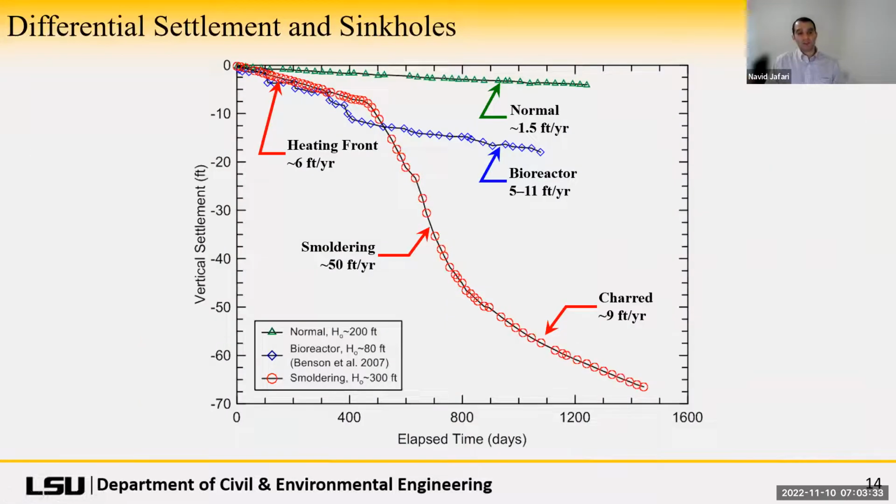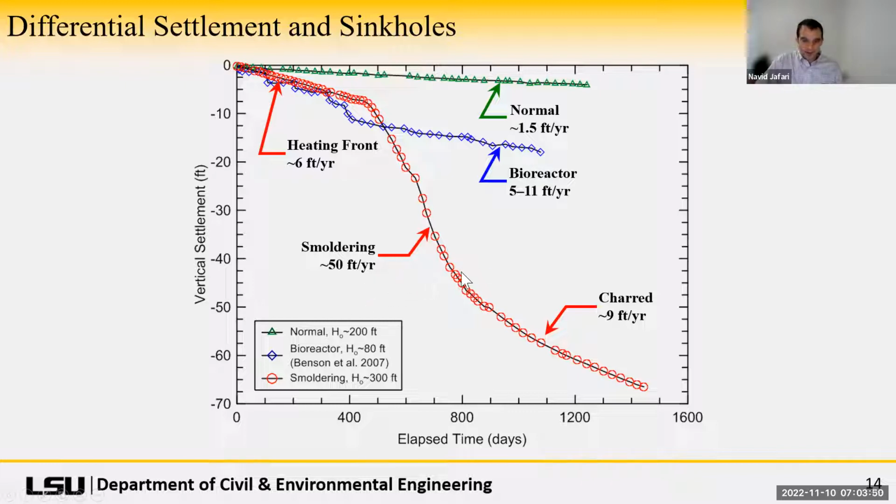But let's put some numbers to that settlement. We have a couple of data points here. One of them is the green triangles, and that's what I call normal or anaerobic decomposition. That's about 1.5 feet per year, and it comes from cell 4.